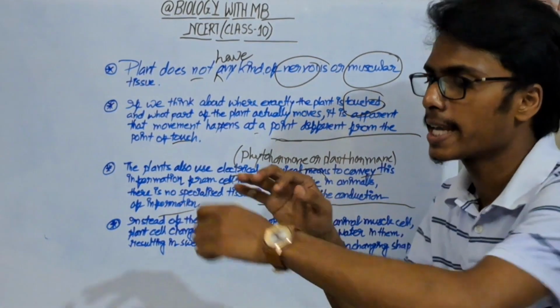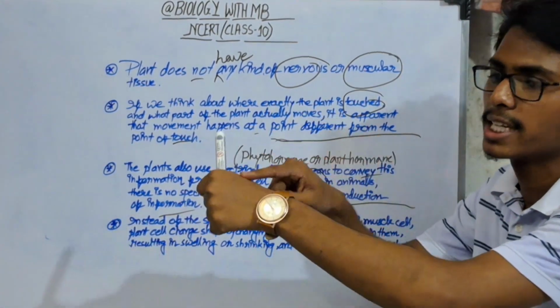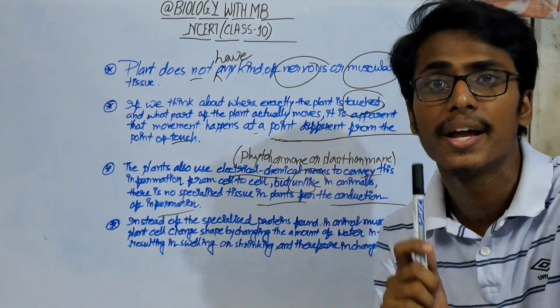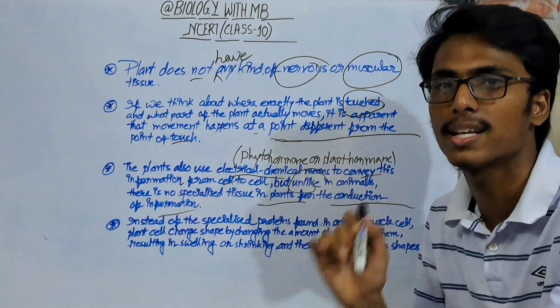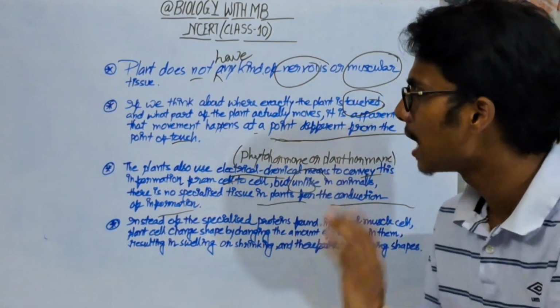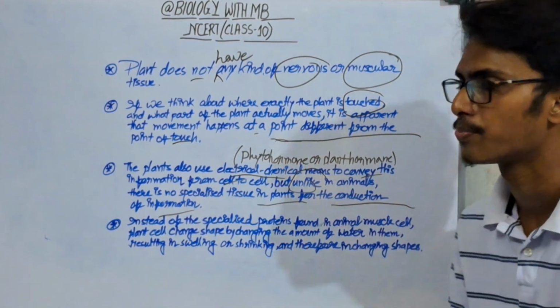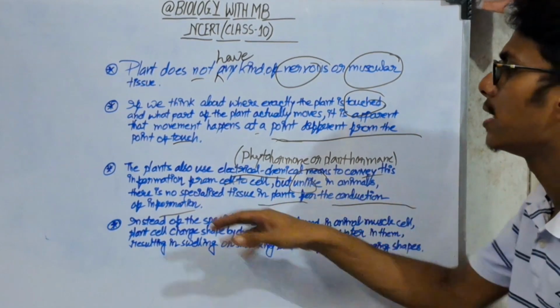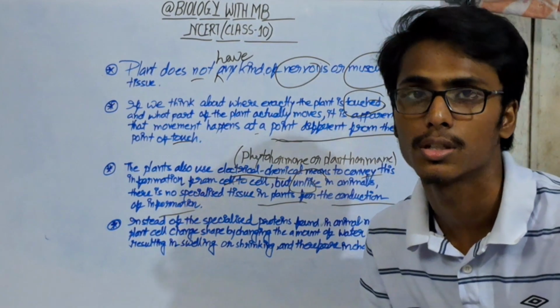Like in an animal, when you slap your hand, it conveys the information to the brain, to the hypothalamus. Like that, the plant sends the information from cell to cell. The next point says, but unlike in animals, there is no specialized tissue in plants for the conduction of information.